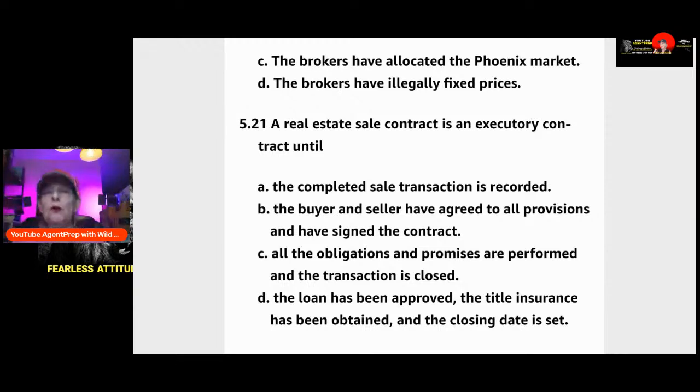So wholesalers will tie up a property by putting an offer, and then they find a buyer. They think they have buyers that may be interested, other investors, and they bring the two parties together. So they tie up the property with a contract, and then they assign it to a buyer. So that is what an assignment is. Okay, number 21, good questions.